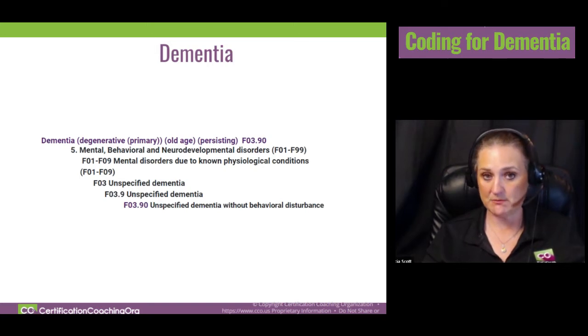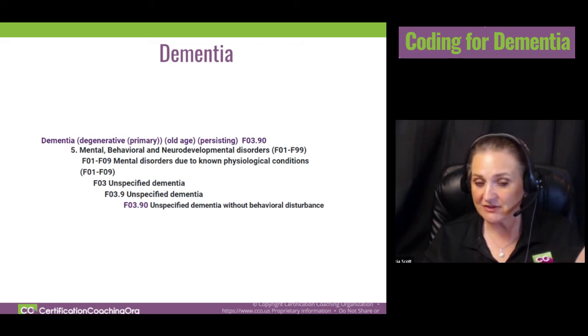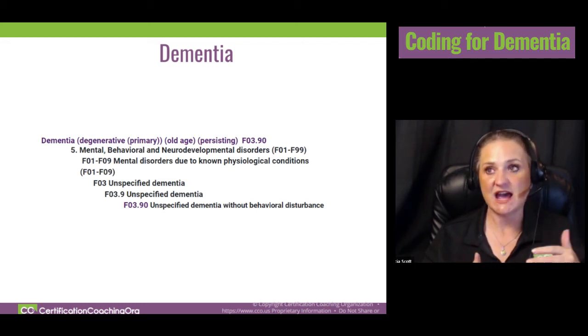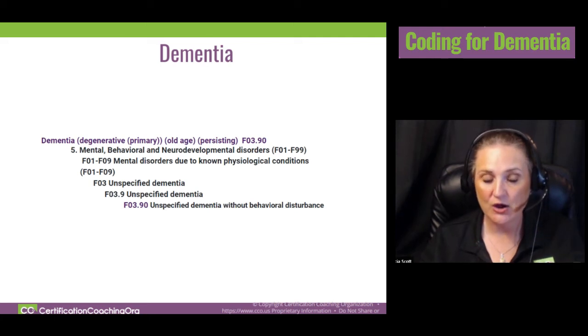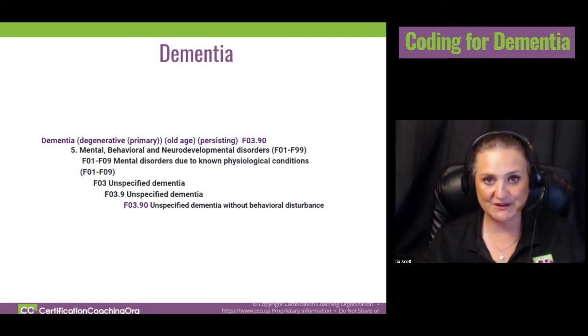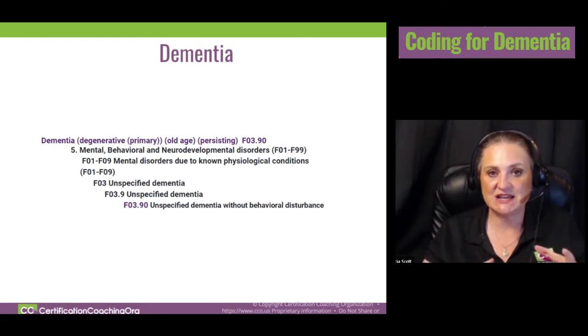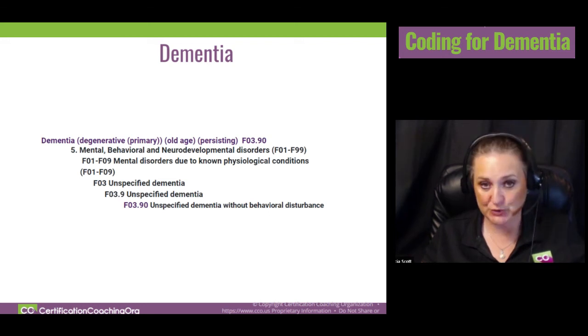F, remember, has to do with the psychology. I remember F is how you're feeling, or remember when I used to say the funny farm? Different things that are associated with mood are going to be codes that start with F.